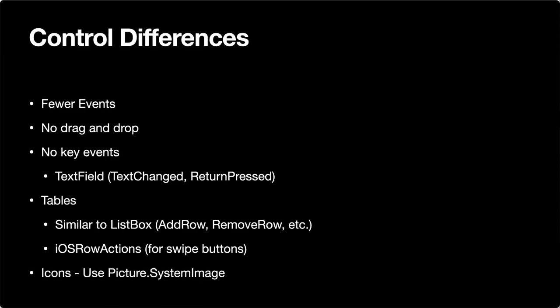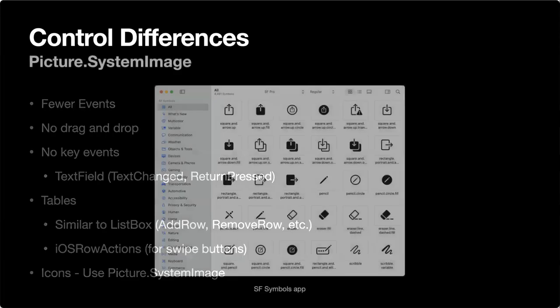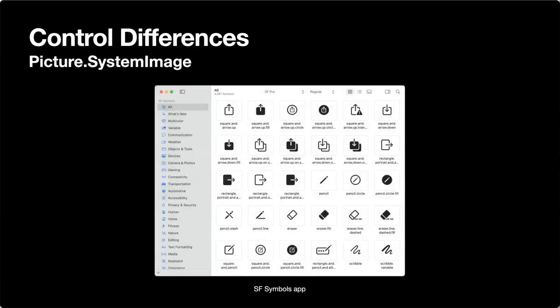Now, finally, icons. Apple provides a large list of icons that they strongly encourage you to use in your apps. You can get to these through Picture.SystemImage. It's a shared function. To peruse the icons that are available to you, go to the App Store and download the SF Symbols app.